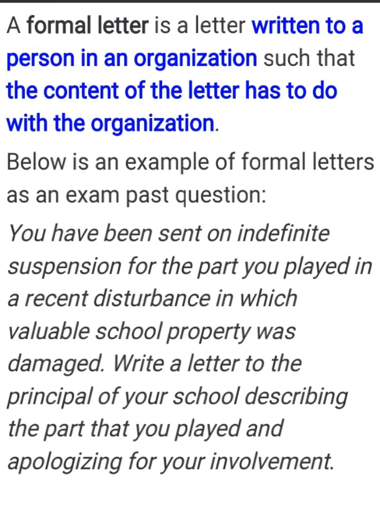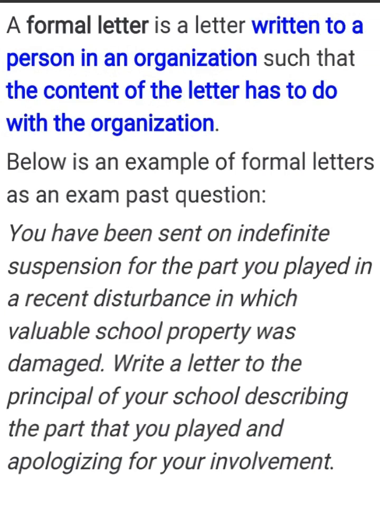Secondly, that does not mean that it is a formal letter. You are writing a letter to a person, even though you don't know the person. The letter has to do with the person, not the organization where the person is. The governor is part of the state government, but this time the letter has nothing to do with the state government. It has to do with him. That makes the letter an informal letter.